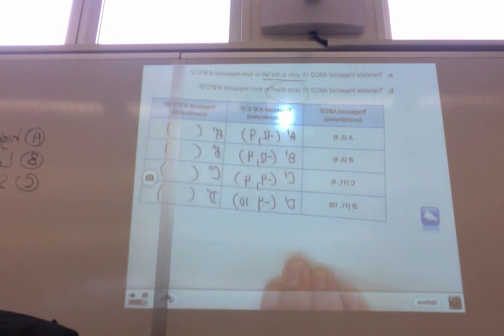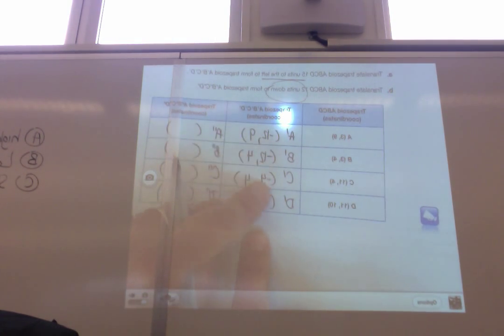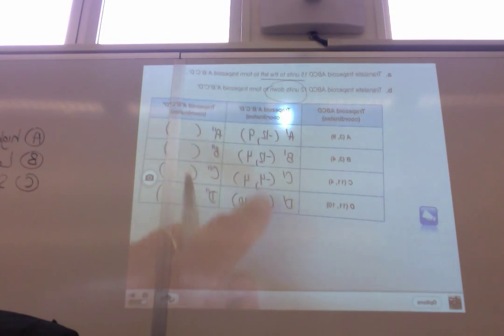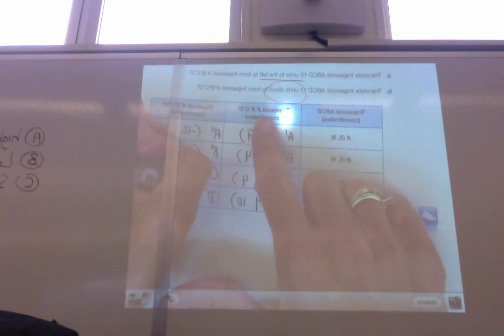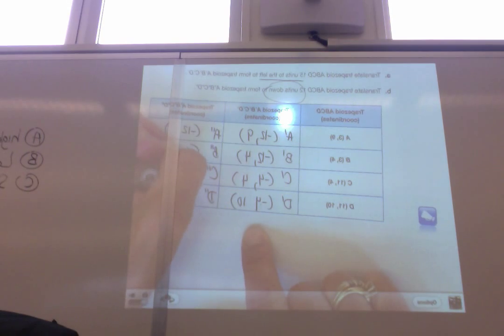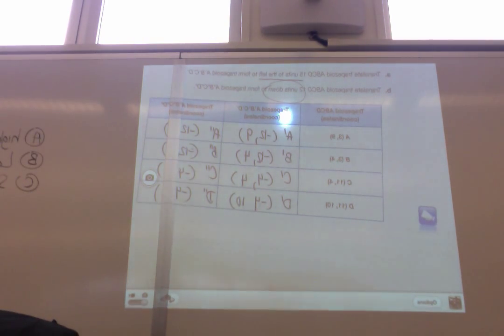Now, this translation was a vertical, straight down, and straight down only. That means that it's going to match these coordinates, but which ones? The x's or y's? The x's are going to stay the same this time. So whatever the x was here, I can just move it on over. The y's have changed, though, because we slid it down, and y tells you about things up and down.